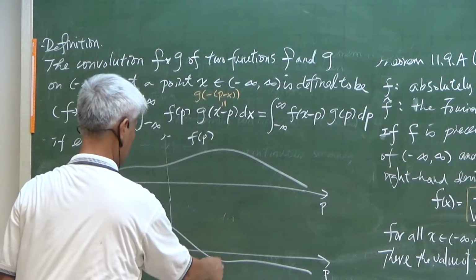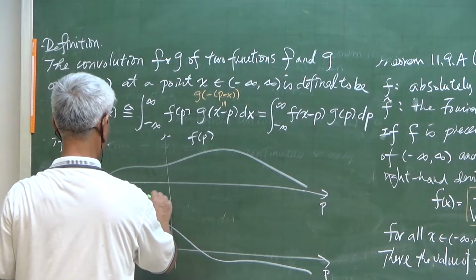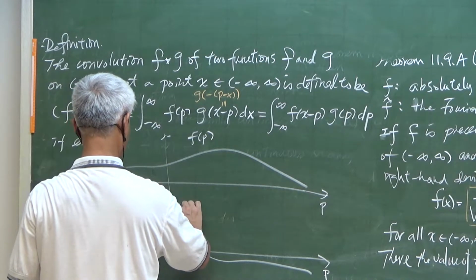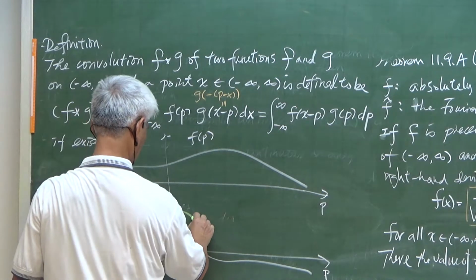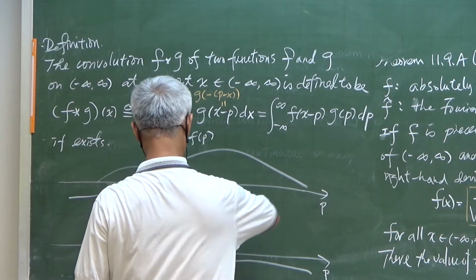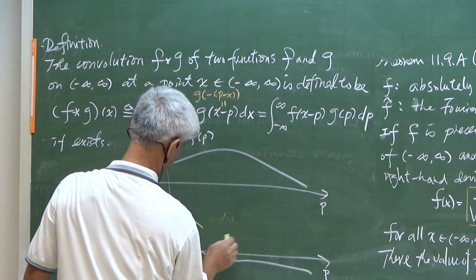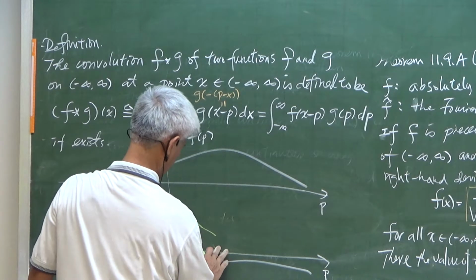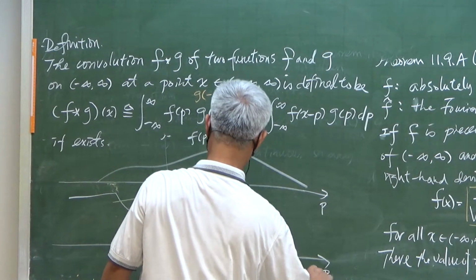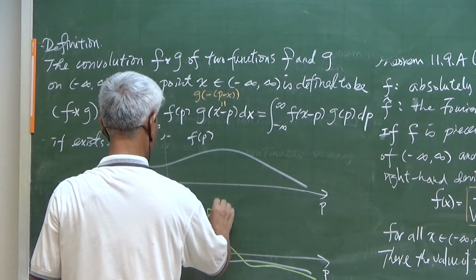For example, if x is 1, you shift that, so this is g of p minus x.